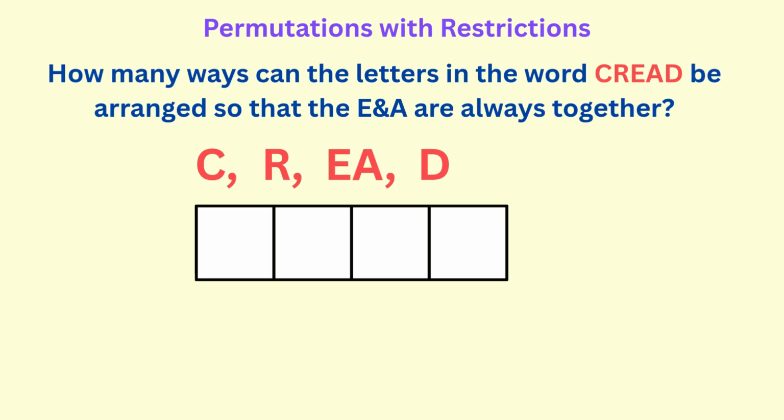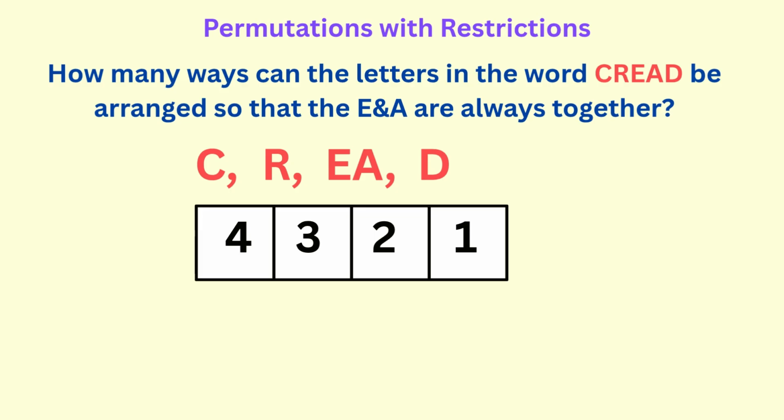For box 1, we have 4 choices: C, R, EA or AE, and D. For box 2, we have 3 choices for the remaining items. For box 3, we have 2 choices, and for box 4, we have 1 choice. Now, in the previous problem, 2 E's were together, so even if the order was switched, it wouldn't matter.